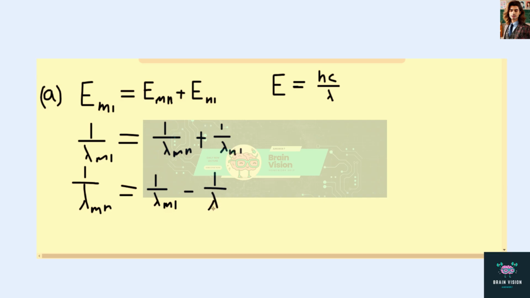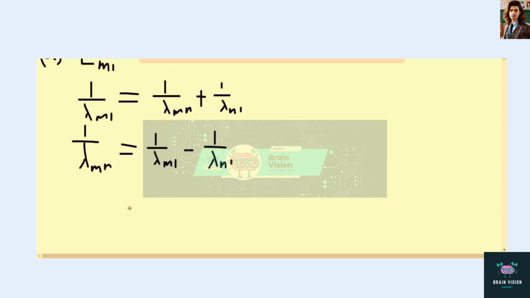So to solve for lambda mn, we just need to raise both sides of this equation to the -1. So what this gives us is 1 over lambda mn, because we raised both sides to -1.